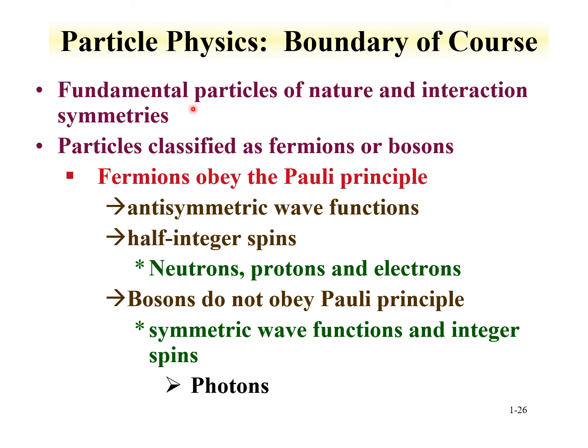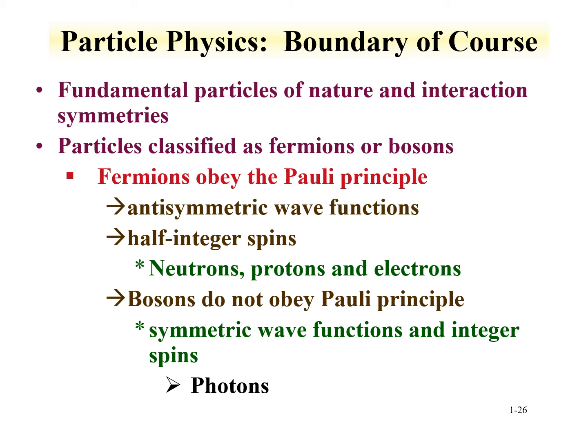So with these fundamental particles in nature, there are interactions, symmetries, and properties of particles that are consistent, that are used within nuclear physics and derived from some of the early work and continue to be utilized today. So particles can be classified as fermions or bosons. Fermions obey the Pauli principle. They have antisymmetric wave functions.